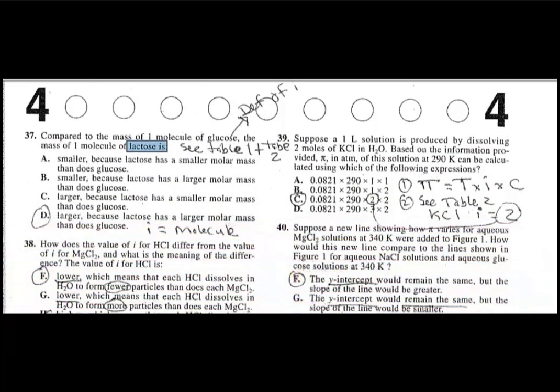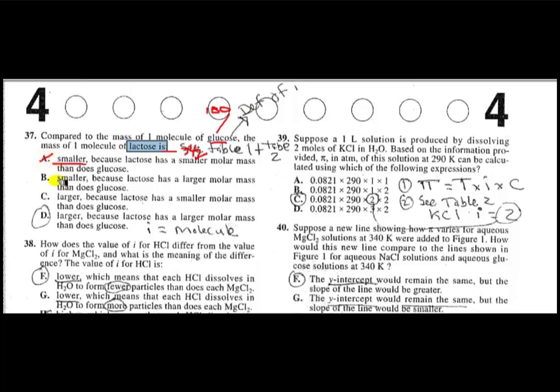So that means answer choice A and B can be crossed out because it says lactose is smaller. No, lactose is not, because lactose is 342 and glucose is 180. Sometimes kids like to write that information next to each one so you have it handy. You might use it in another question as well.